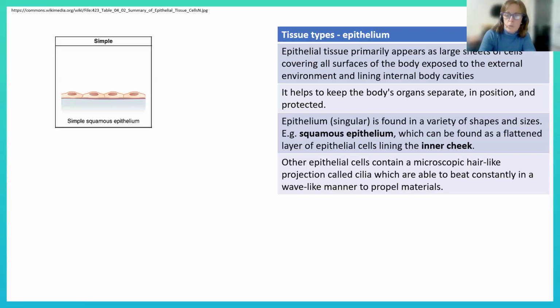So that's quite an important function, that cilia. But also they might just have these cilia projecting and increasing the surface area. You know, there's a huge surface area there with all of my fingers compared to if the cell was just round like that. So it's a way of increasing the surface area as well.